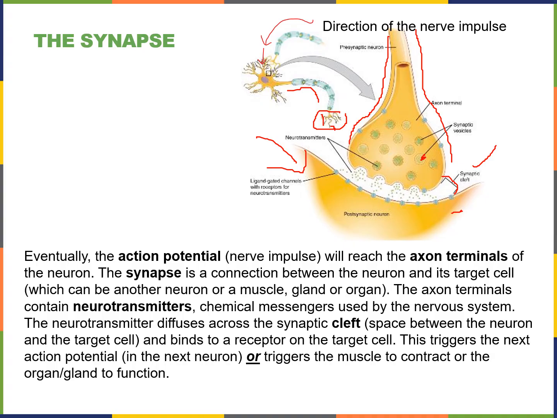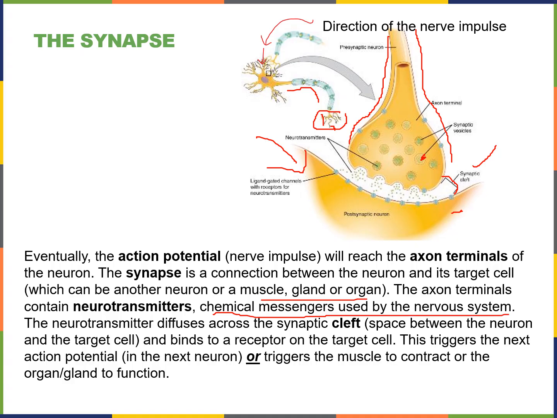The synapse is a connection between the neuron and its target cell, which can be another neuron or a muscle or gland or organ. Everything that you're learning here about the neuron applies when you're talking about a skeletal muscle needing a nerve impulse in order to know that it's supposed to contract. The axon terminals contain neurotransmitters, which are chemical messengers used by the nervous system.